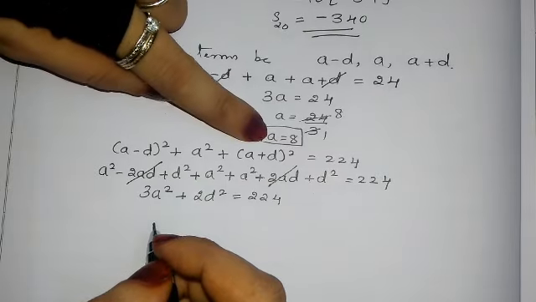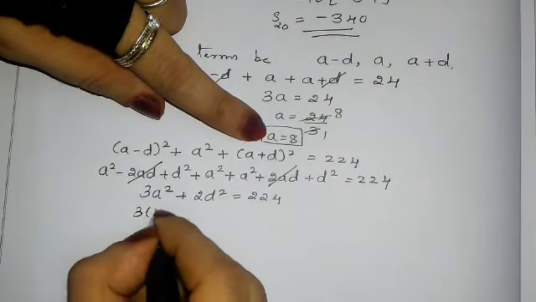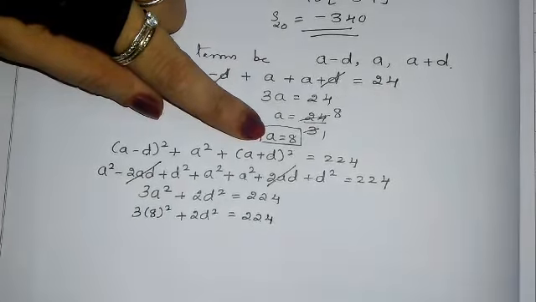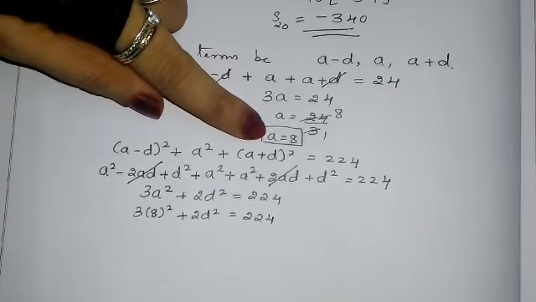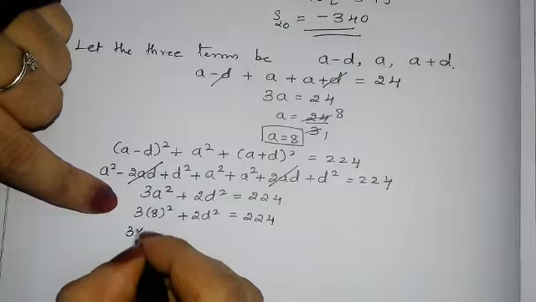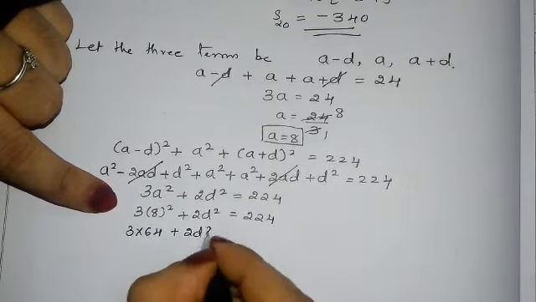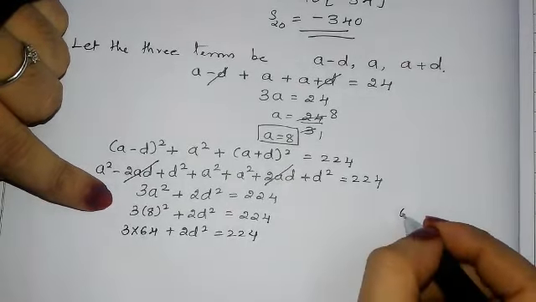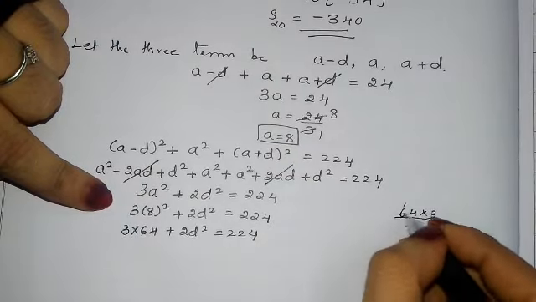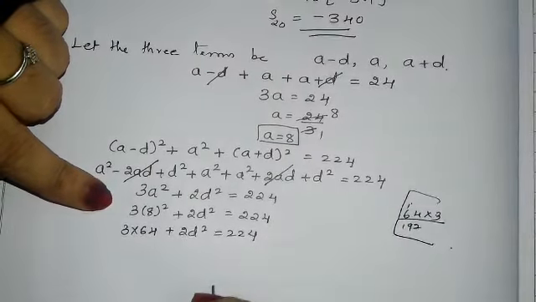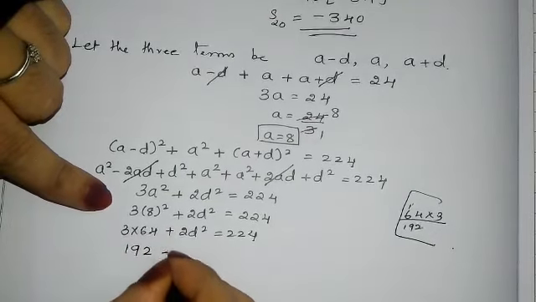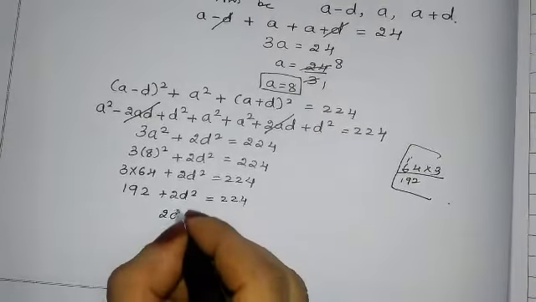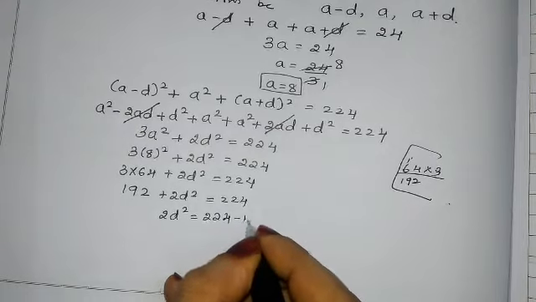Now we can see here we have A is equal to 8. In place of A I'll write 8 square. 3 into 8 square is 64 plus 2D square is equal to 224. 64 3s are 64 into 3. 3 4s are 12, 3 6 18, 19, 192. 192 plus 2D square is equal to 224. 2D square is equal to 224 minus 192.